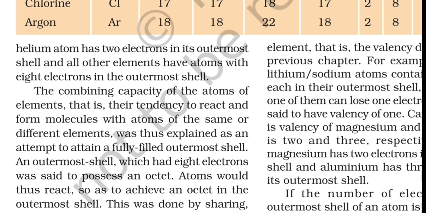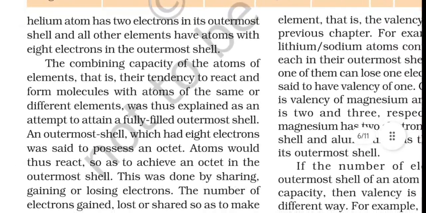The combining capacity of atoms of an element is their tendency to react and form molecules with atoms. If the electrons in the outermost shell are fewer than 8, say 7 electrons are present in the outermost shell, then the atom can accept 1 electron. That is the tendency to react and become a molecule. If the outermost shell has 8 electrons, we say that it possesses an octet.